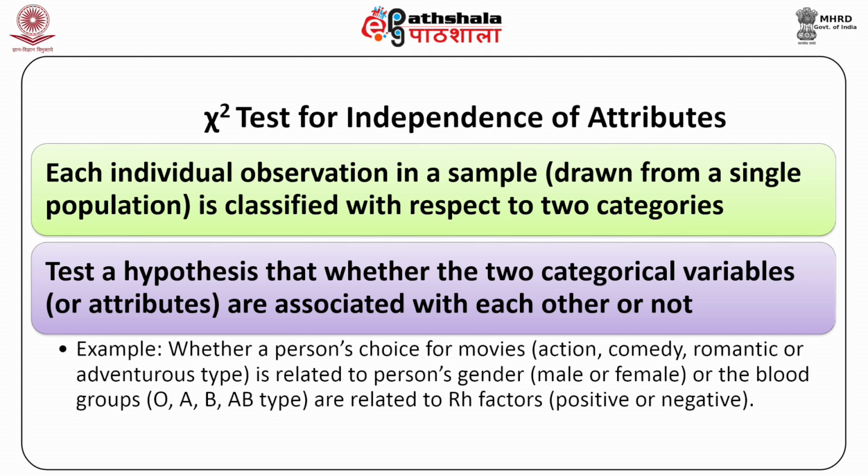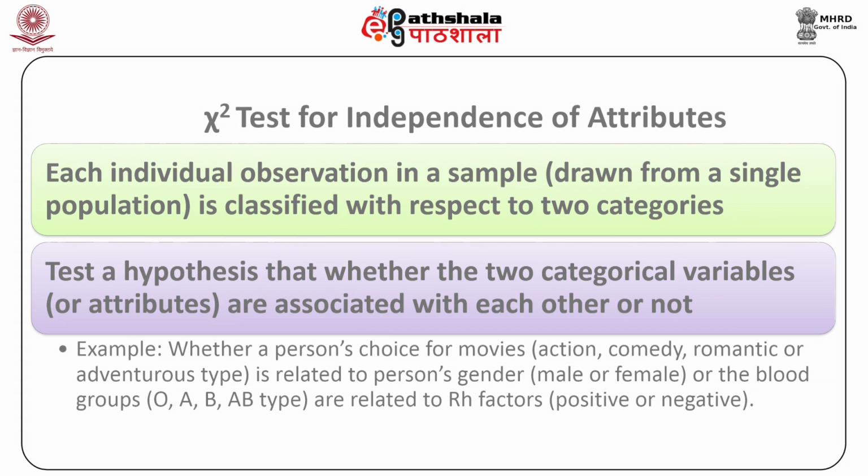For example, whether a person's choice for movies categorized as action, comedy, romantic, or adventurous type is related to the person's gender, male or female, or whether the blood groups O, A, B, or AB type are related to Rh factor, positive or negative. These are some of the examples where we can apply this.